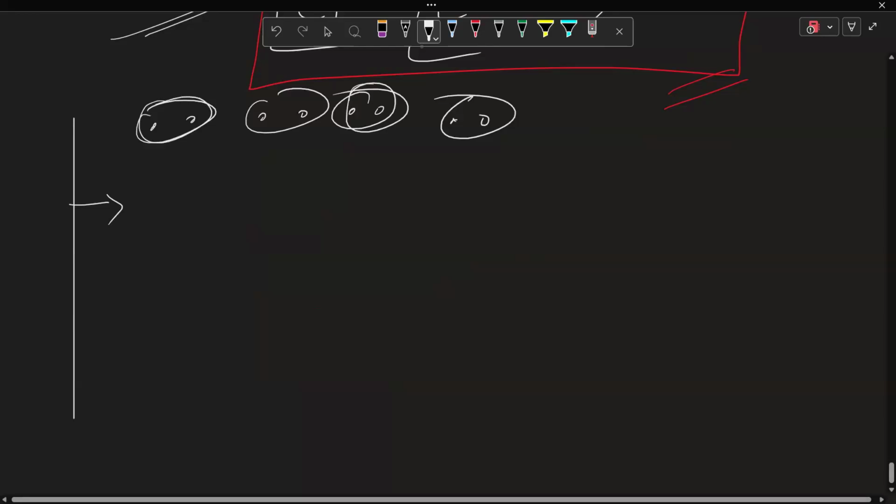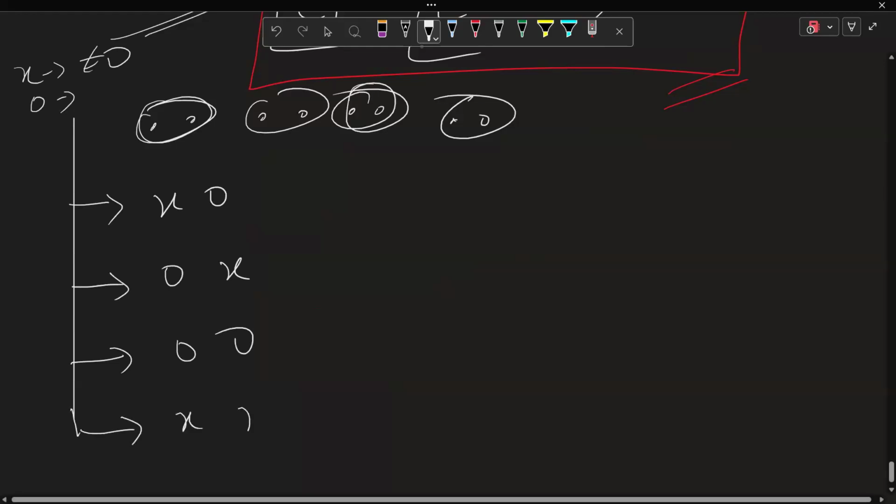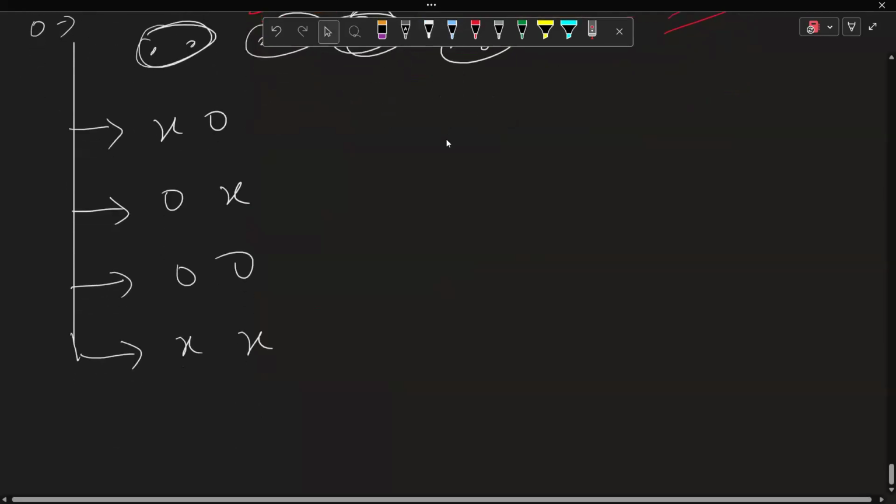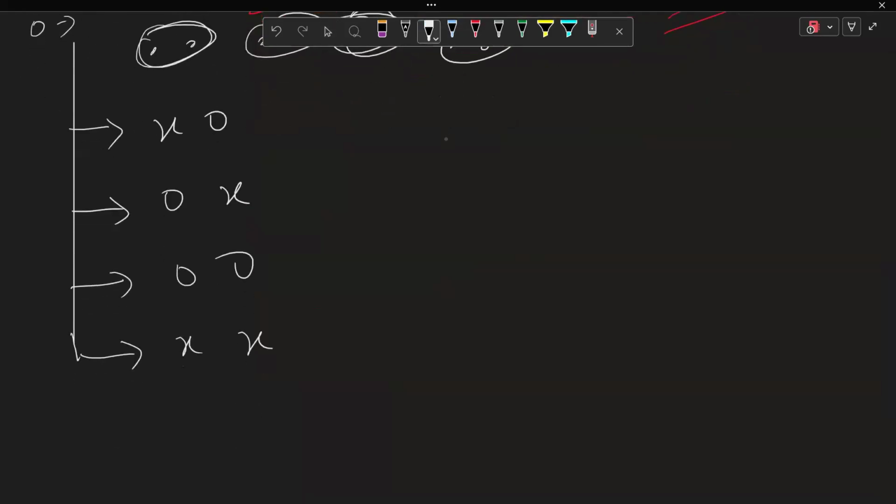If you just pick up any pair, with x I'm denoting some value which is non-zero, a fixed value, and with zero, a non-fixed value. So either it would be x0, or it would be 0x, or it would be both zeros, or it would be both fixed values. These are the only cases that we would have for any pair.